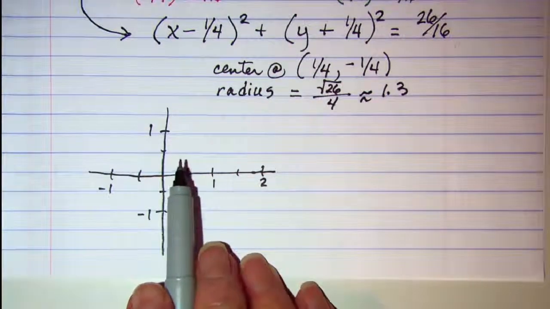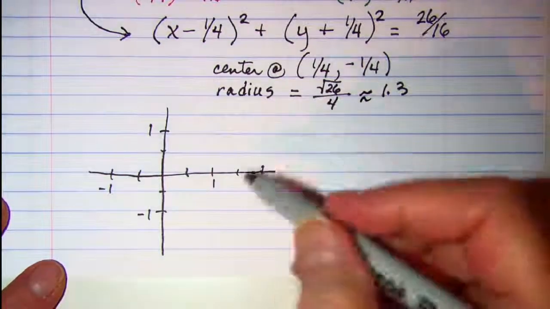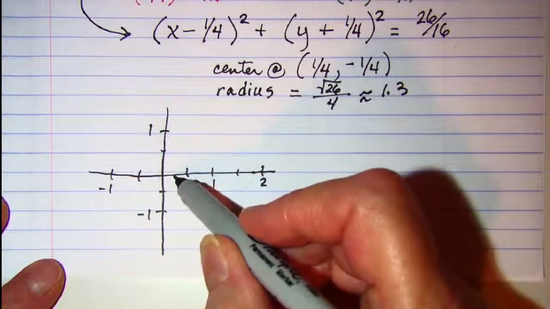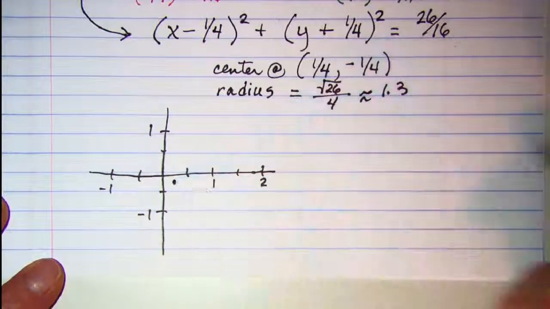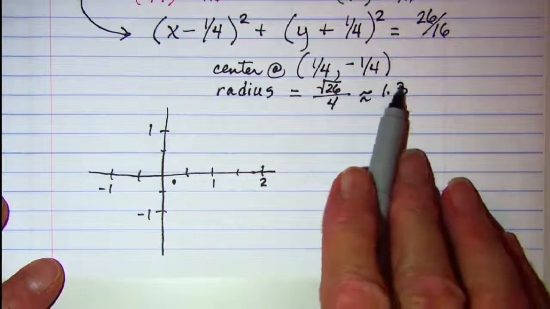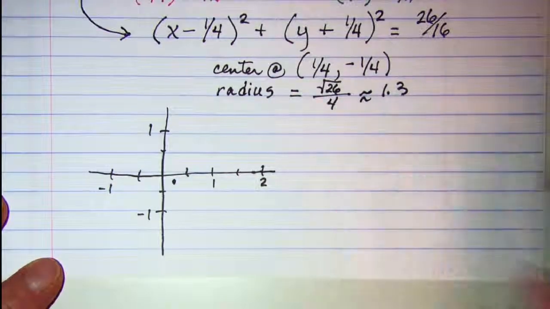Notice that I've marked this graph off by halves. So positive 1/4 would be about here, and then a negative 1/4 would be about here. So this is the center of my circle. And then I need, this is about a fourth, 0.25.